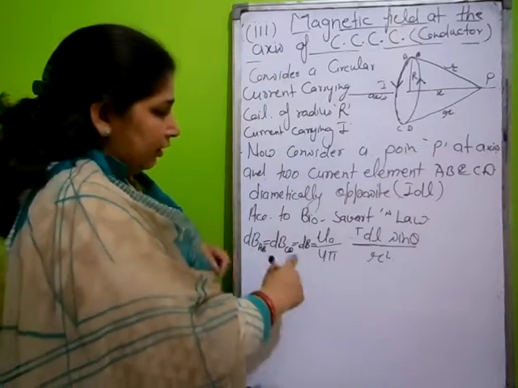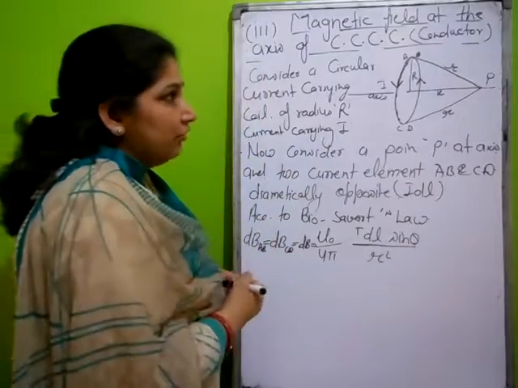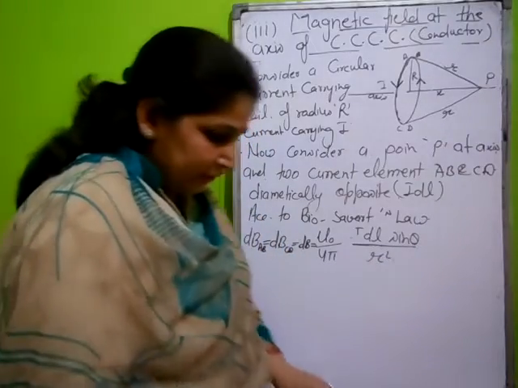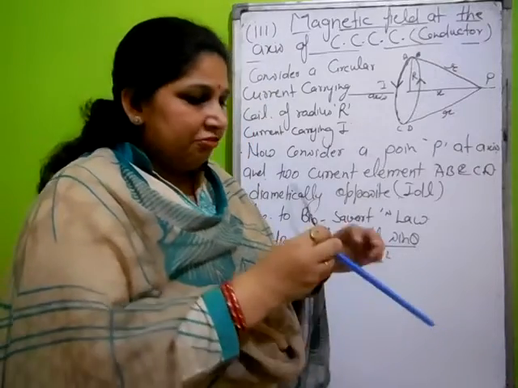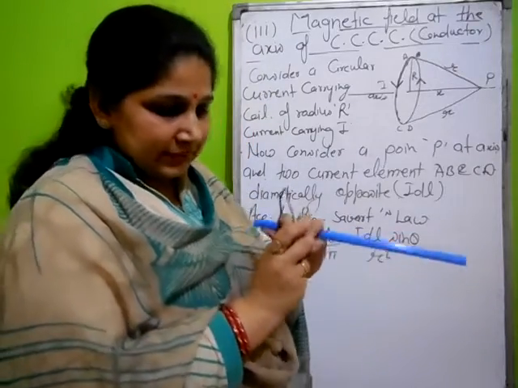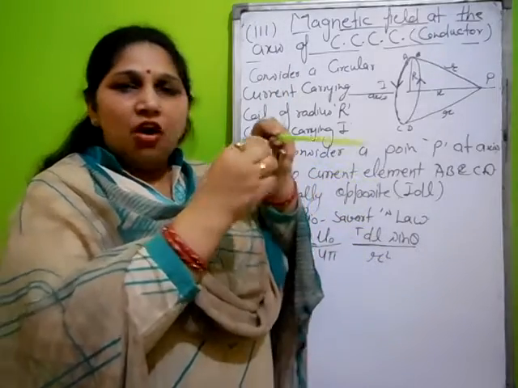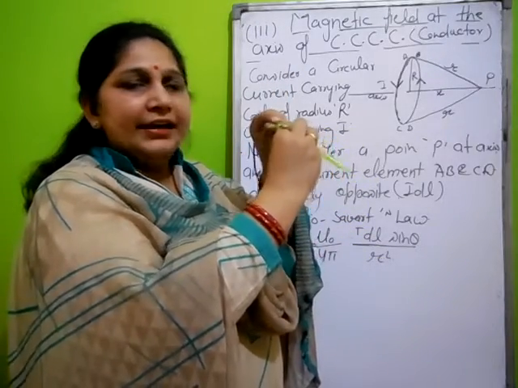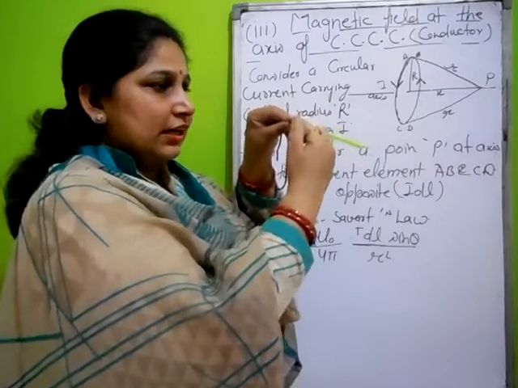Now this is according to Biot-Savart law. What will sin theta be? The distance from the coil to the axis point will always make a 90-degree angle with the perimeter of the circle.